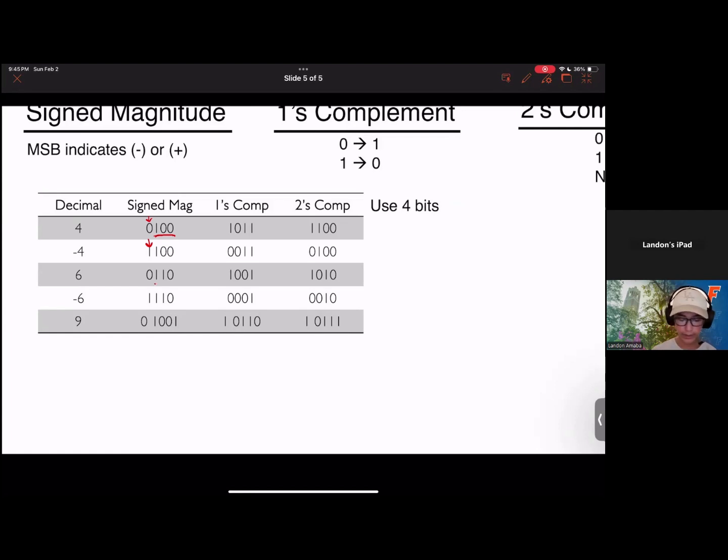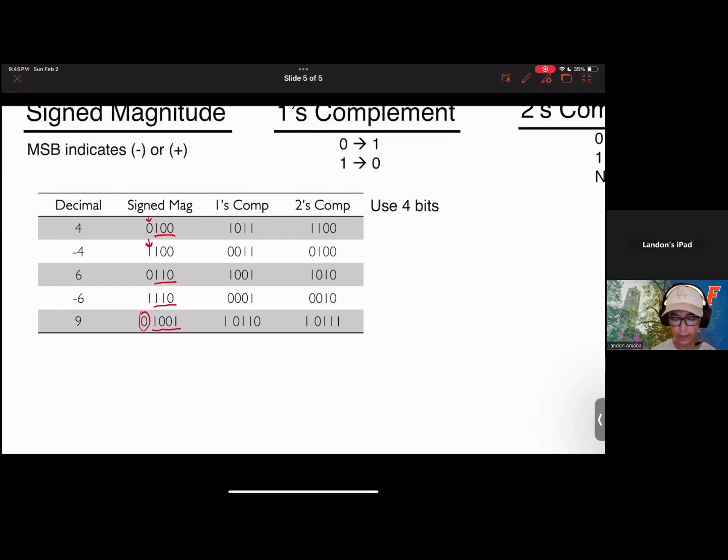And this pattern repeats itself for 6 and -6, and then 9. And one thing to note is you won't be able to express -9 in sign magnitude because you need this extra bit. So we'll get into that at the end once we do the rest of these.